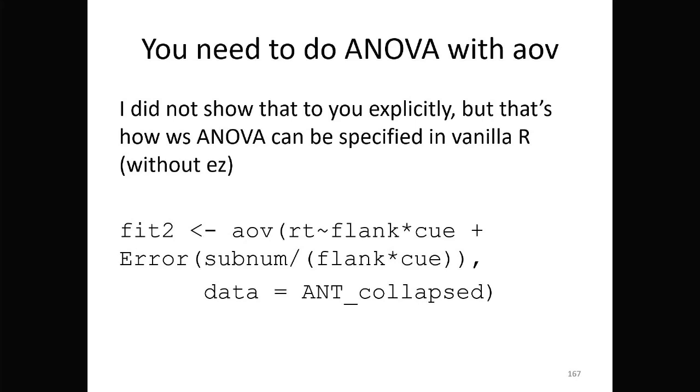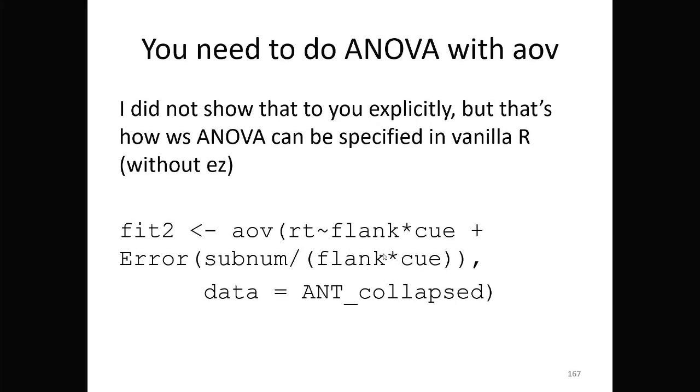For having post-hoc tests, the best way is probably to specify the ANOVA model in AOV manually, and that will be similar to regression. So the reaction times are predicted by the flanker and the Q, but then we need to specify, using this syntax that I found a little bit confusing, honestly, how the error is organized. The multiplication symbol means main effects of flanker and Q and their interaction in the formula syntax.